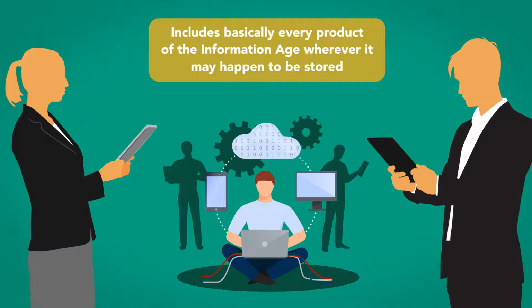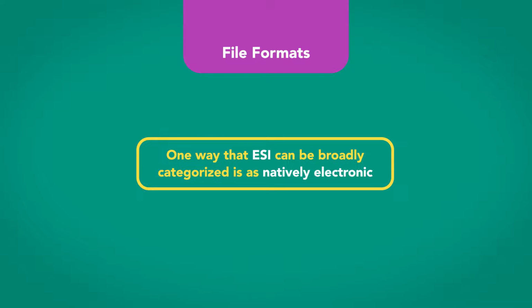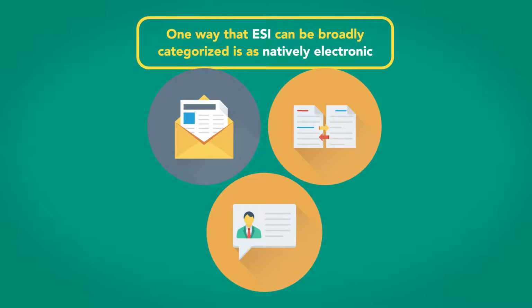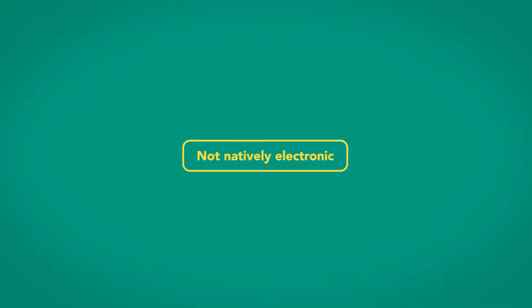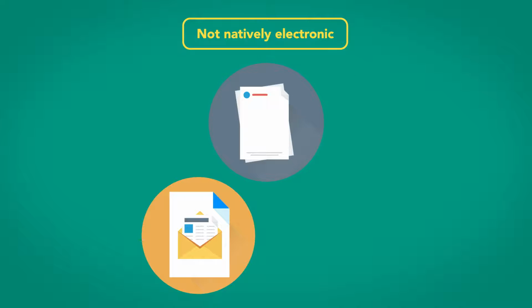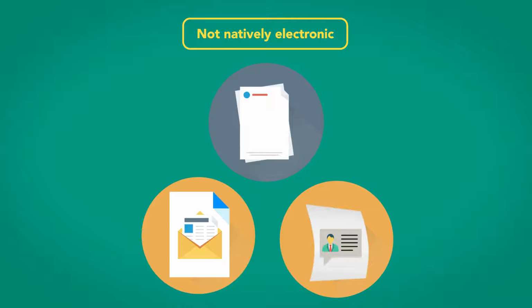File formats. One way that ESI can be broadly categorized is as natively electronic, like emails, Word documents, texts, etc., or not natively electronic, like scanned documents. Non-native documents also include electronic documents in a different format, like an email cut and pasted into Word or a printout of a text.